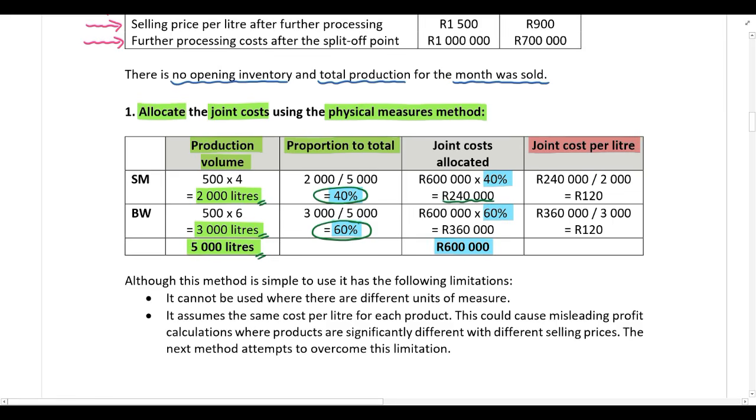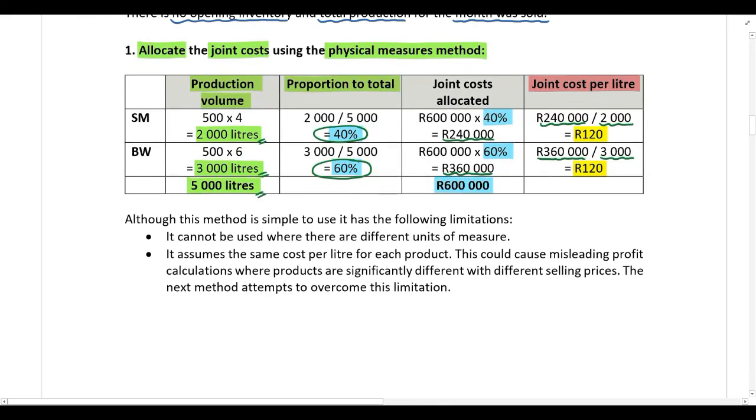Just take your joint cost that you calculated and divide by the number of litres. And you can see if the physical measures method is used, we get the same cost per litre for both products. Both SM and BW have a cost of 120 Rand per litre. So let's discuss this method in a bit more detail.